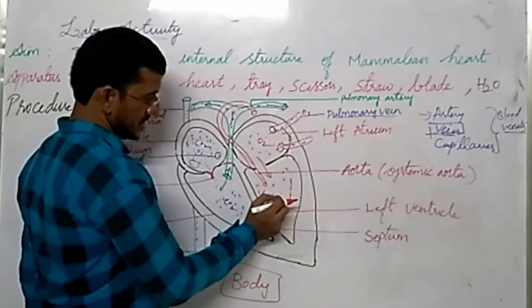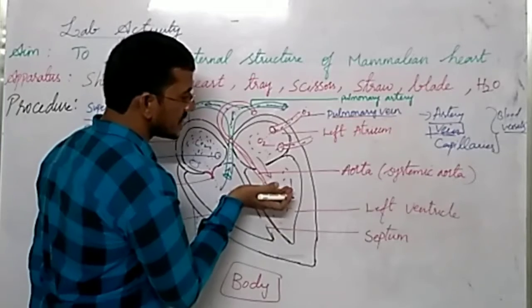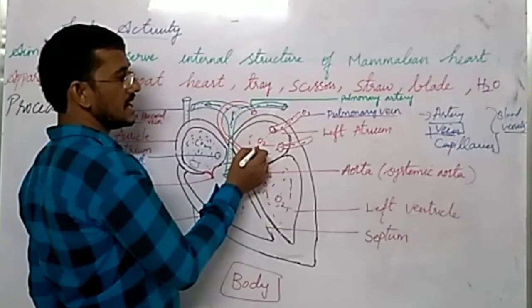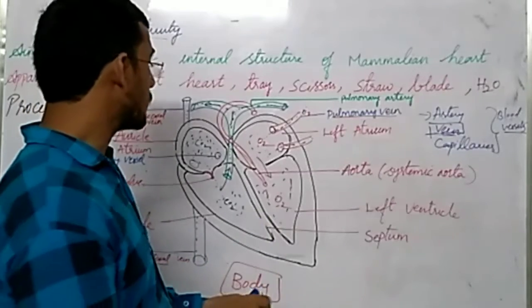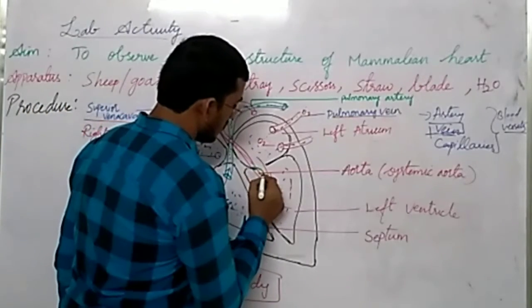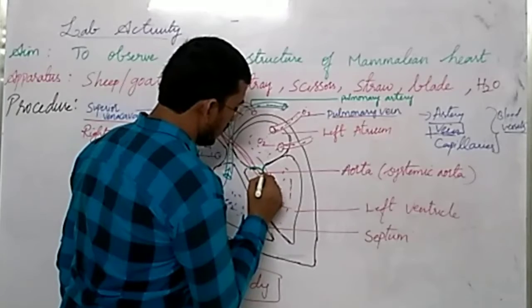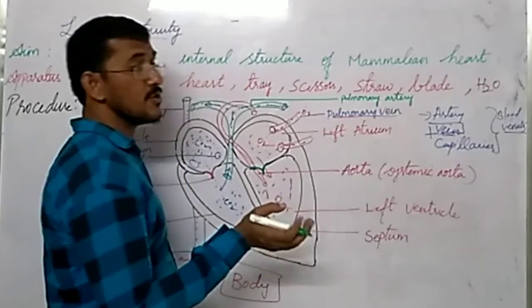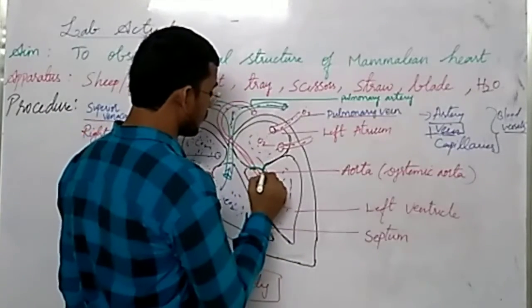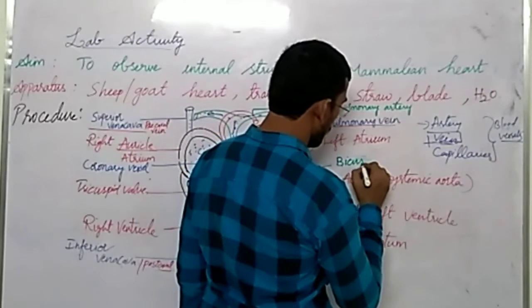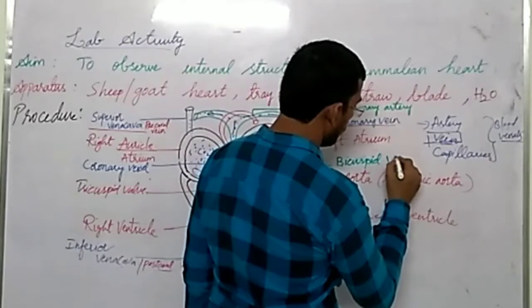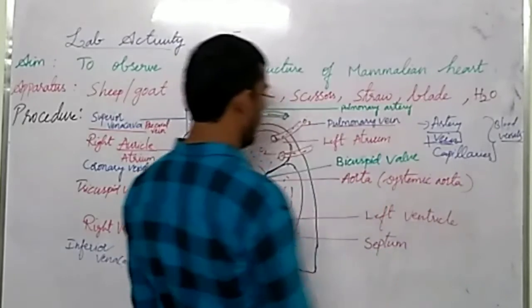When ventricles contract, this blood will try to go back into the left atrium. So then immediately there is a valve which closes this opening and prevents the backflow of the blood. So this valve is called as bicuspid valve or mitral valve.